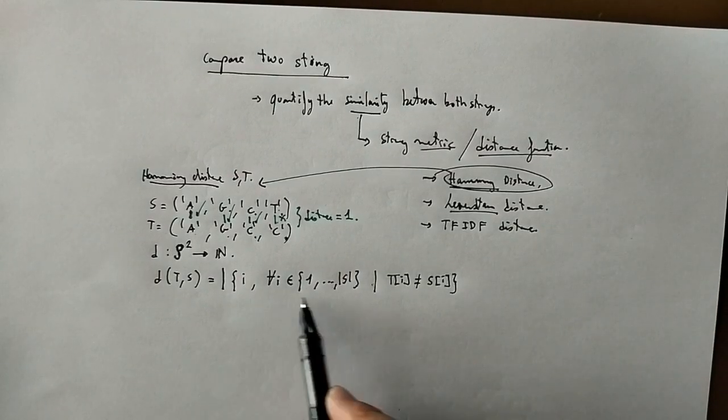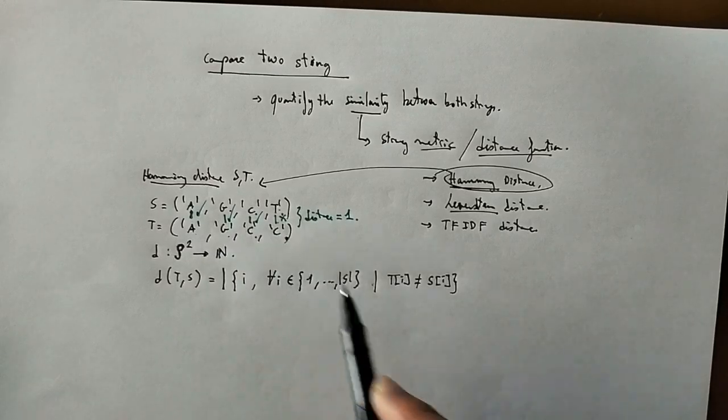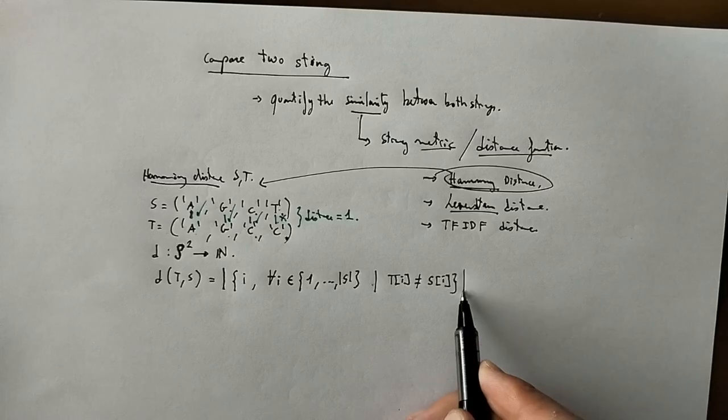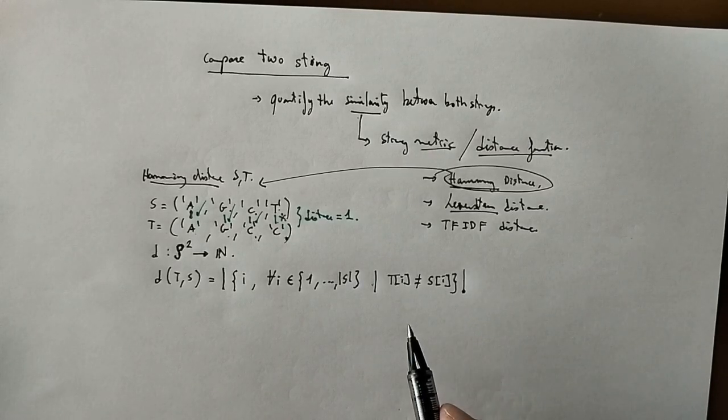So in this set we are simply keeping track of the positions where the two strings differ, and then we are simply computing the cardinality of this set, which is the number of differences that we have.